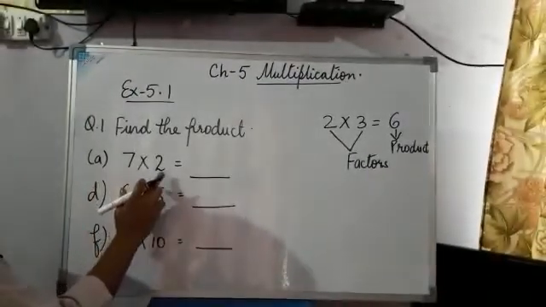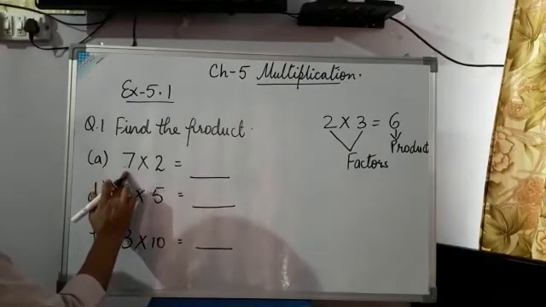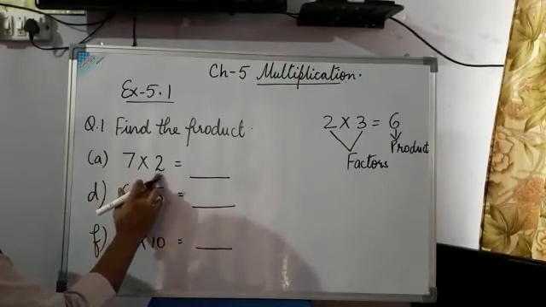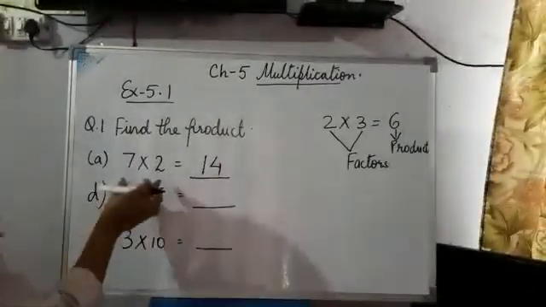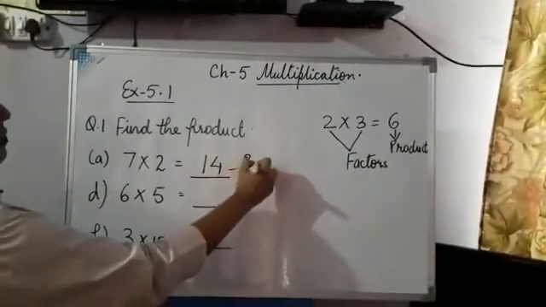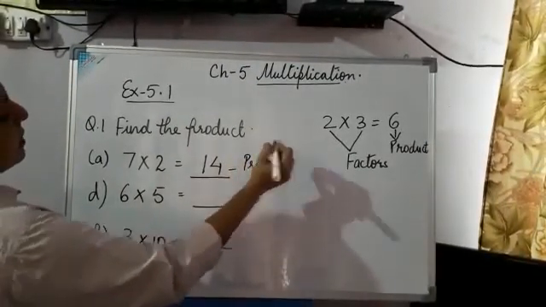That is, you need to know the 7 table or the 2 table. 7 ones are 7, 7 twos are 14. When these two factors are multiplied, you get this product as the answer.